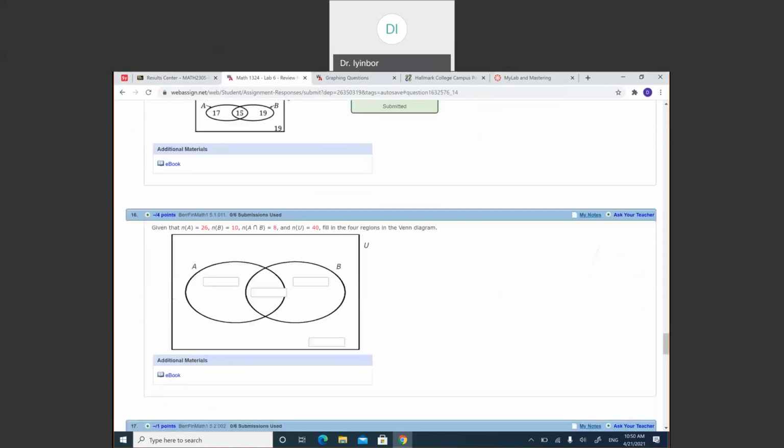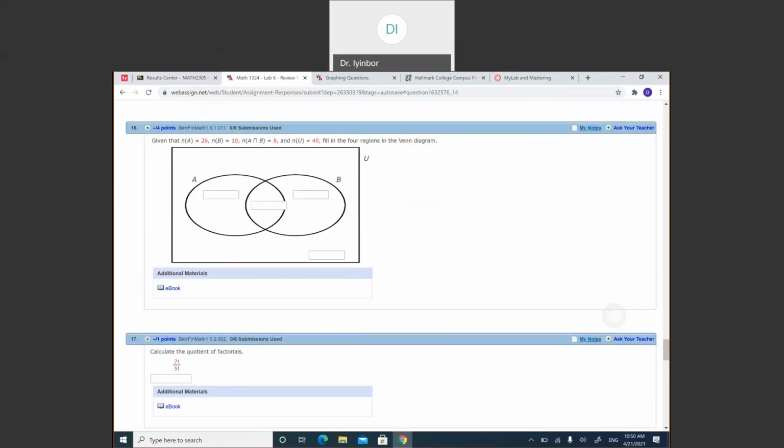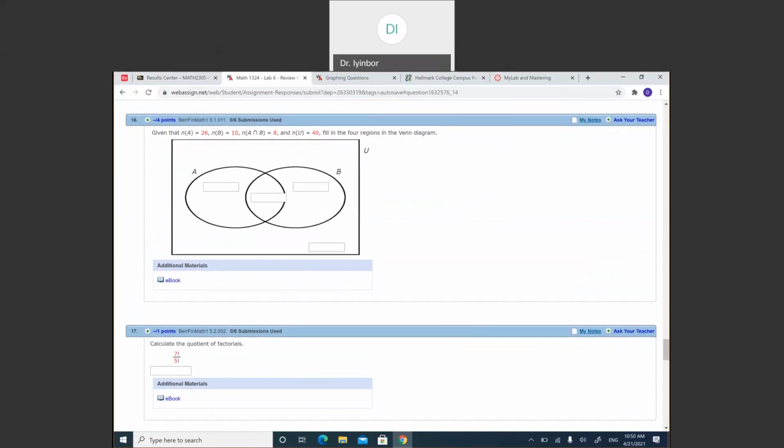Okay, so the next one is 16. We did this also before, so you need to start from the intersection. So you start from here. So the number inside is going to be 8. Now this number here is going to be from 26.